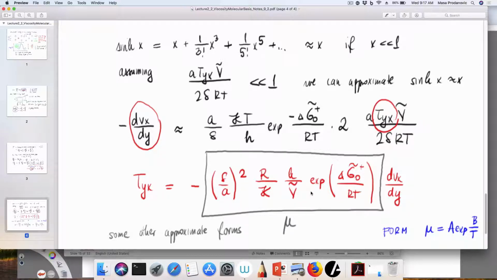Now, indeed, when I compare to Newton's law, and these laws are really the most helpful when you actually just compare to them and evaluate what an effective viscosity would be in this world. So this indeed is something that just depends on the liquid itself and its temperature times dvx/dy.